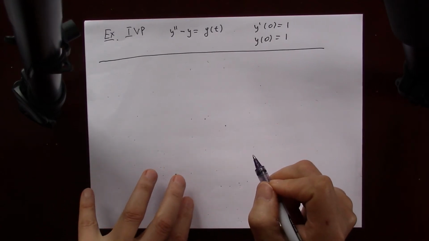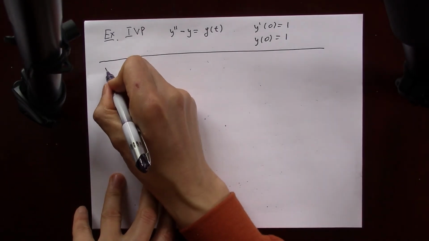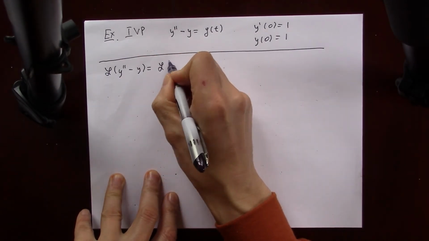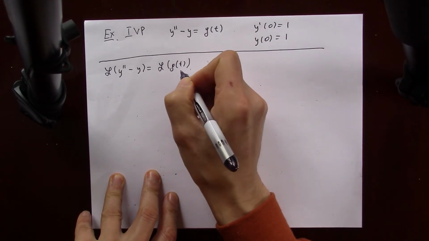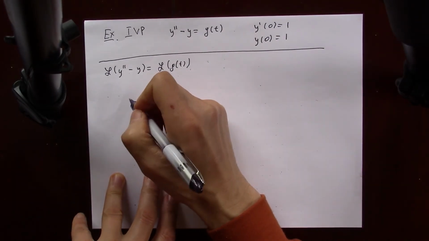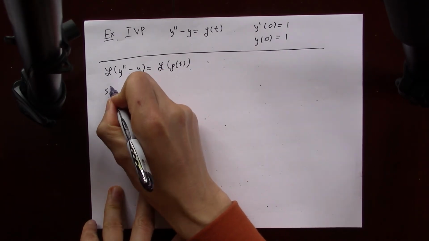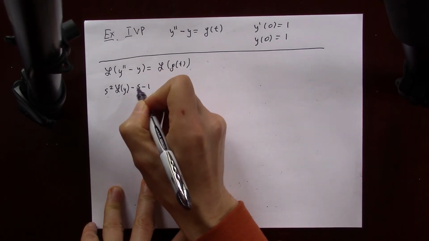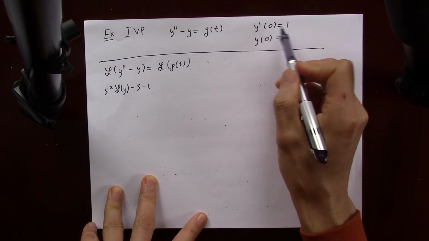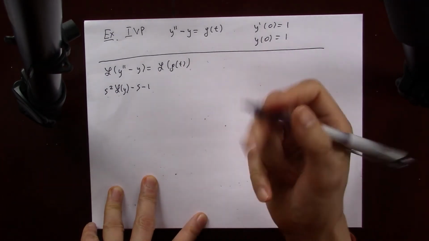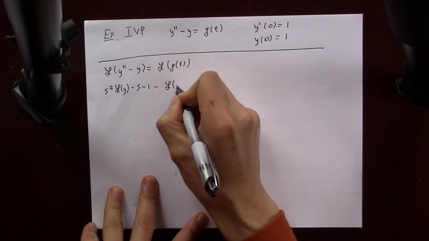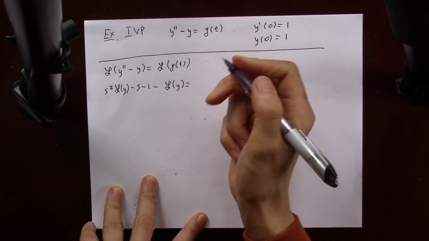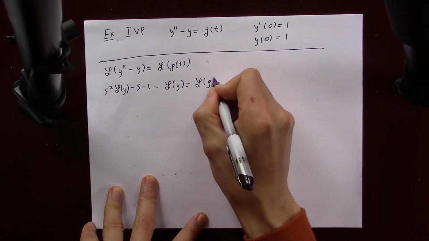We're going to use the Laplace transform, so we take Laplace of the left side and Laplace of the right side. Laplace of the second derivative is going to be s squared Laplace of y minus s times y of 0, which is s times 1, minus y prime of 0, which is 1, minus Laplace of y equals, I will start using just L of g for the right side.